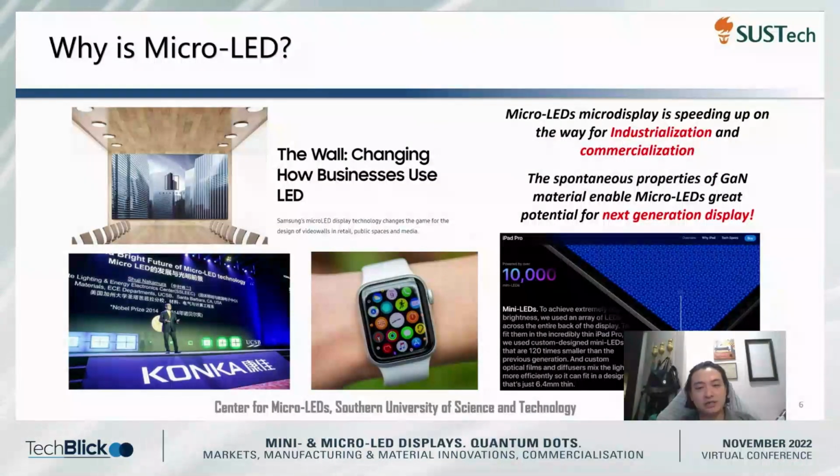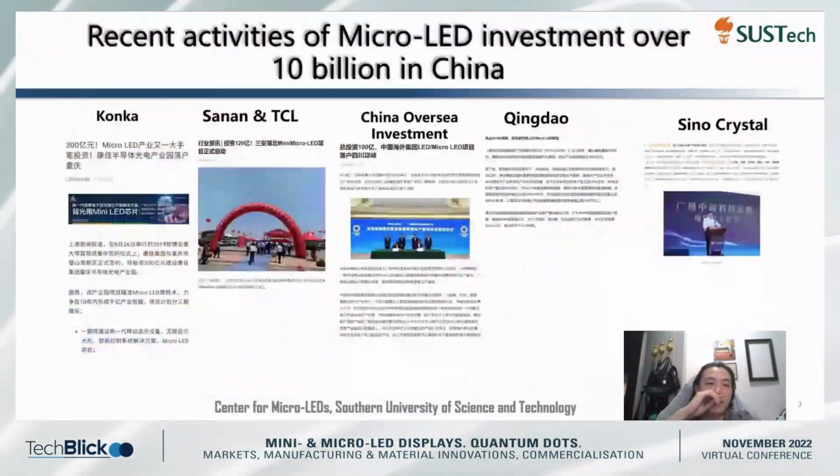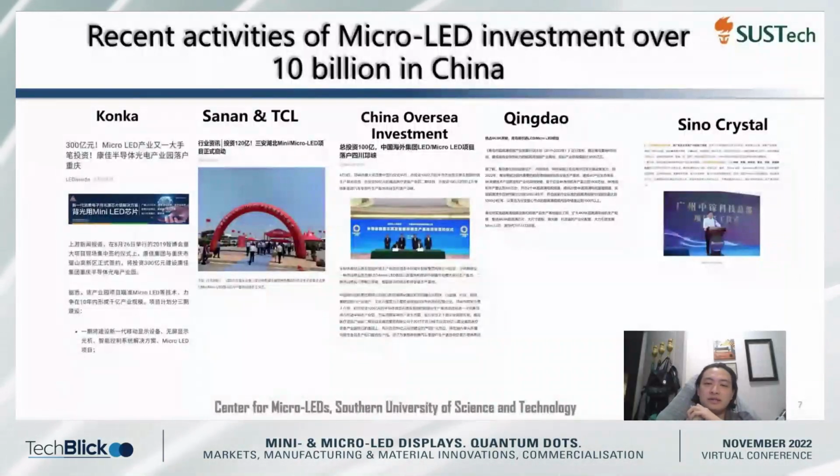The spontaneous polarization properties of gallium nitride material enable micro LED's great potential for the next generation of displays. Meanwhile, investments of over 10 billion from many famous companies have been made in China in recent years.